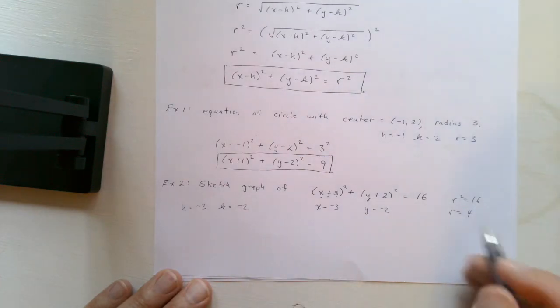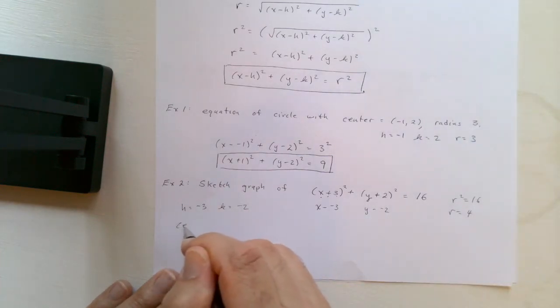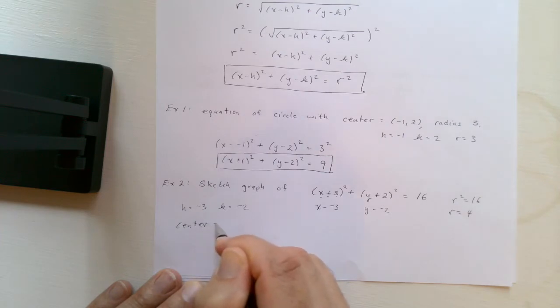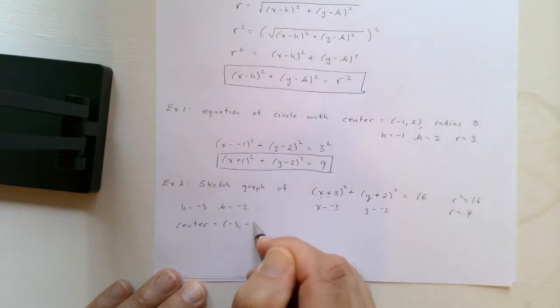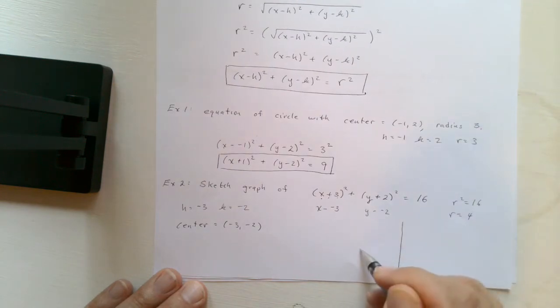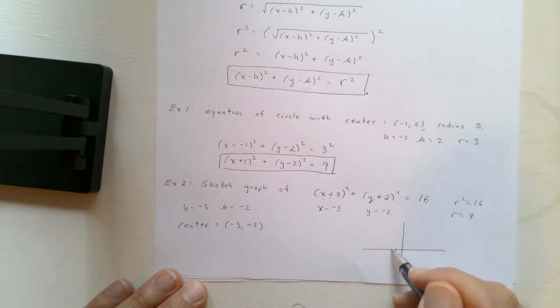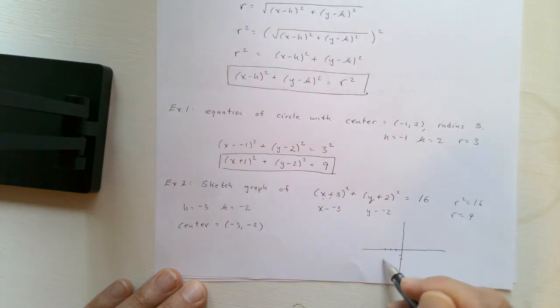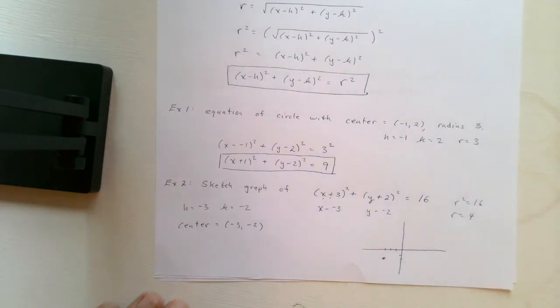So our center is (negative 3, negative 2). Then we can just plot this center. There's our center, and our radius is going to be 4. All we need is a couple of points on the circle.